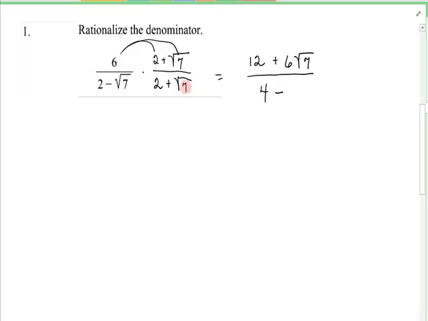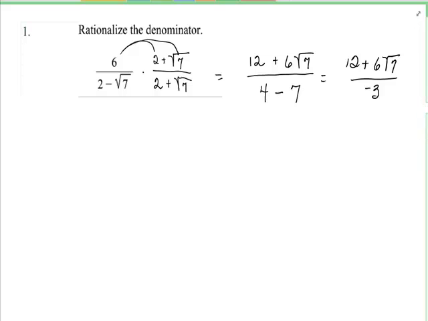Well, the square root of 7 times the square root of 7 is 7. Please be very aware of when you're multiplying rational numbers. 2 times 2 is 4. The square root of 7 times the square root of 7 is the square root of 49, which is rational 7. All right, this gives me 12 plus 6 times the square root of 7 all over negative 3.